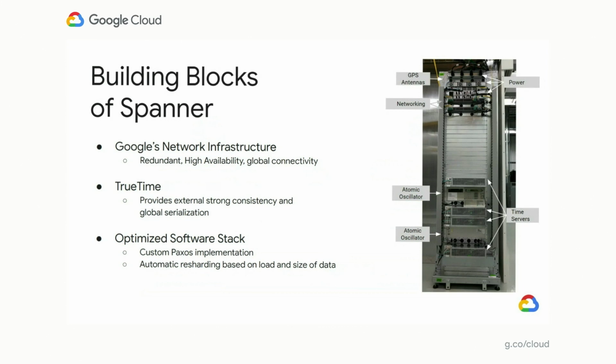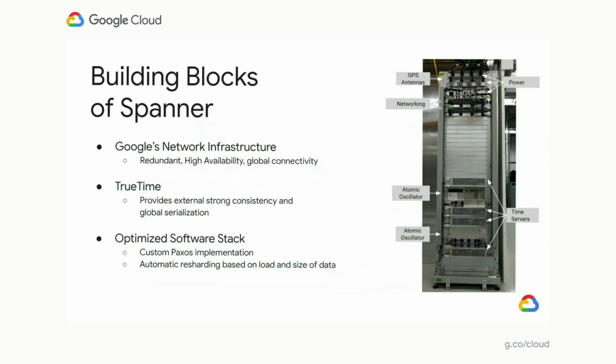Second is TrueTime. The picture on the right of the screen, as you can see, shows atomic oscillators and GPS antennas. This is actually a picture of one of our servers in our data centers. Basically what it's showing you is we have atomic and GPS clocks in our data center. And what this offers to our customers is a global notion of time for Spanner to function on.